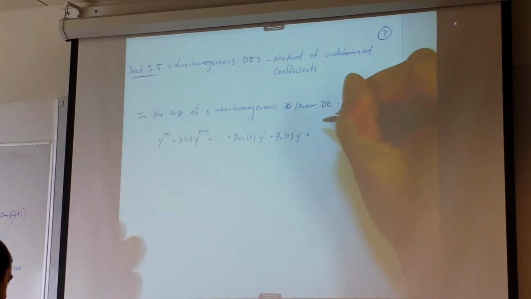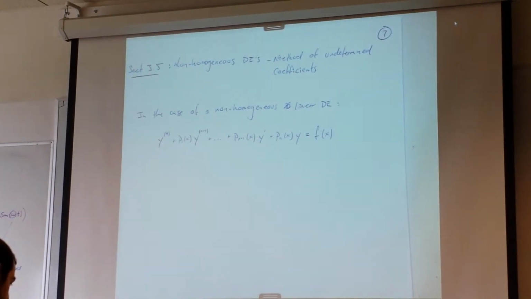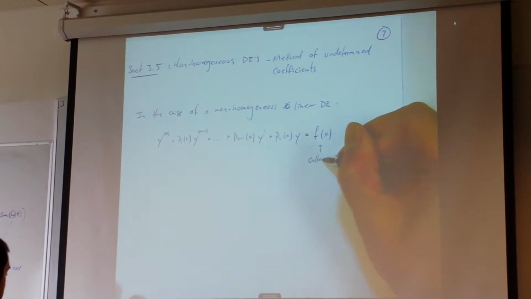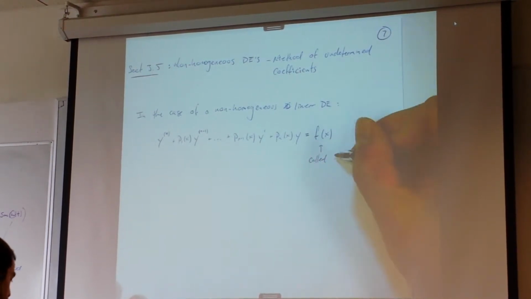Non-homogeneous means we have some non-zero function on the right. We retain the terminology that this is sometimes referred to as a forcing function.